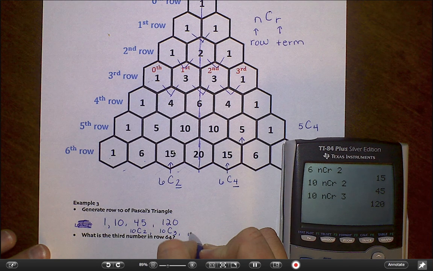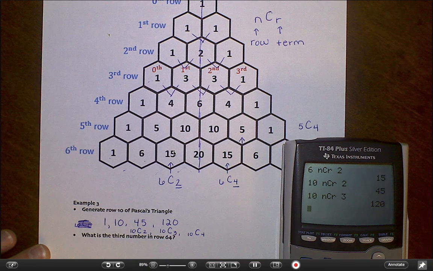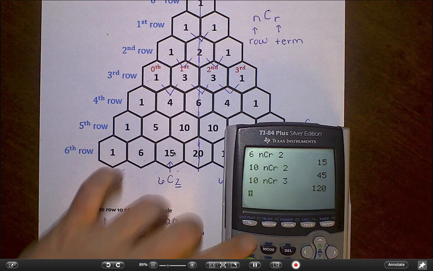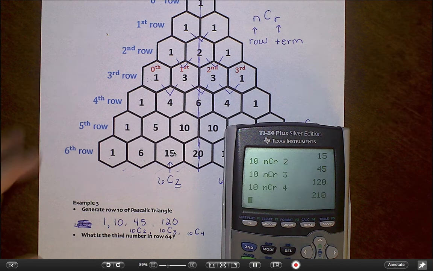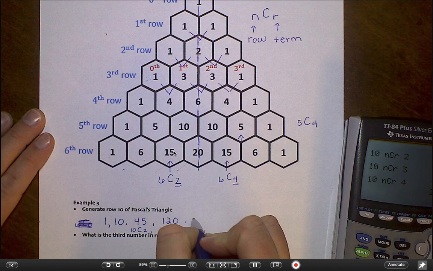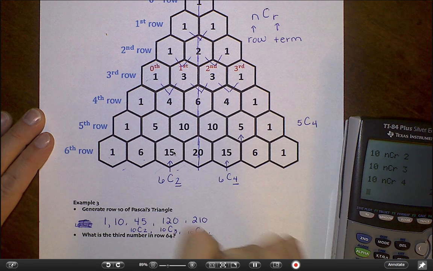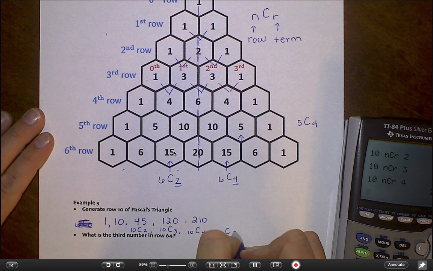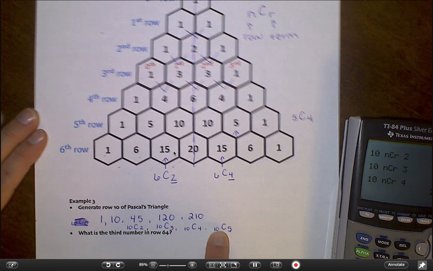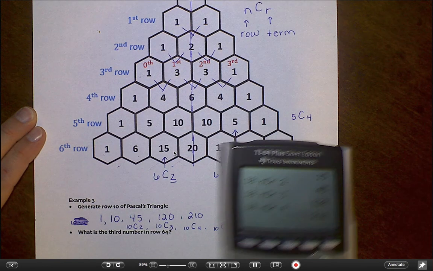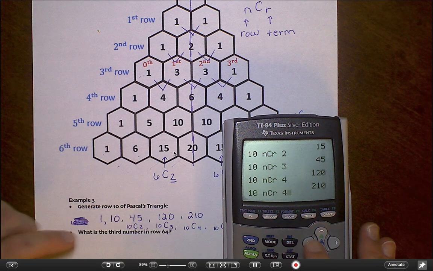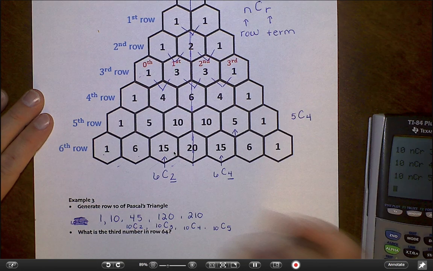My next one would be 10 choose 4, which is 210. 10 choose 5 should be the center of my row, and 10 choose 5 is 252.